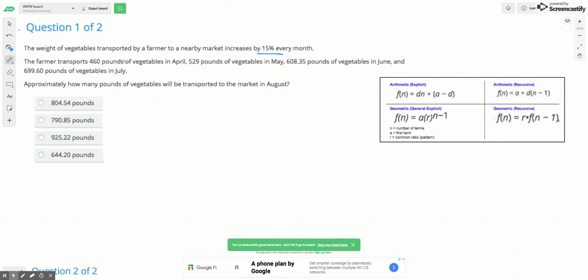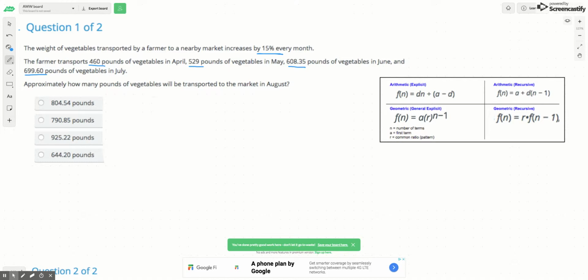The farmer transports 460 pounds of vegetables in April, 529 pounds in May, 608 in June, and 699.60 in July. Approximately how many pounds of vegetables will be transported to the market in August?